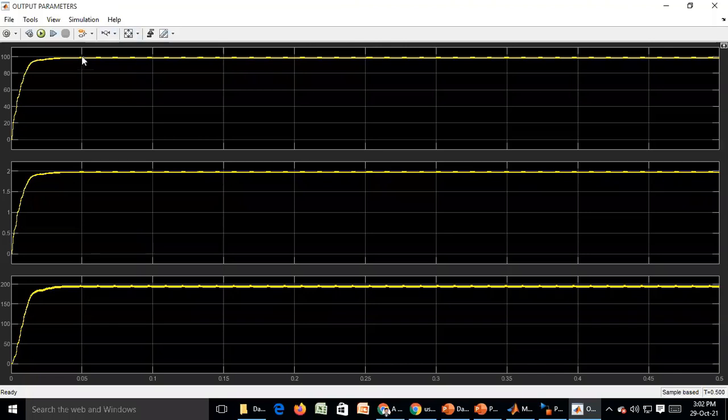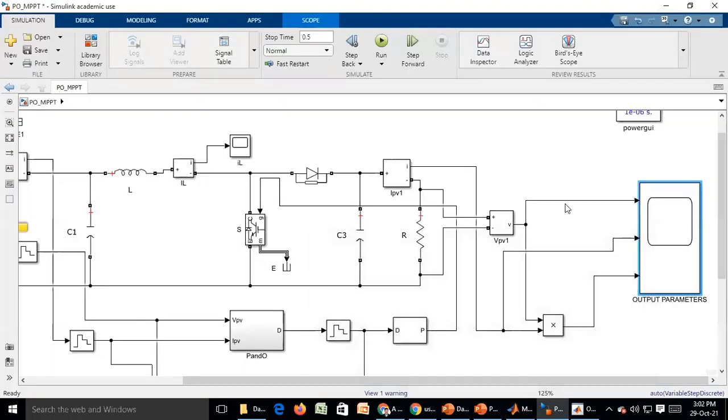You see this. First one, we have taken one current source, connected here, and second one is the voltage source. This is a voltage source component, and this is our current source.